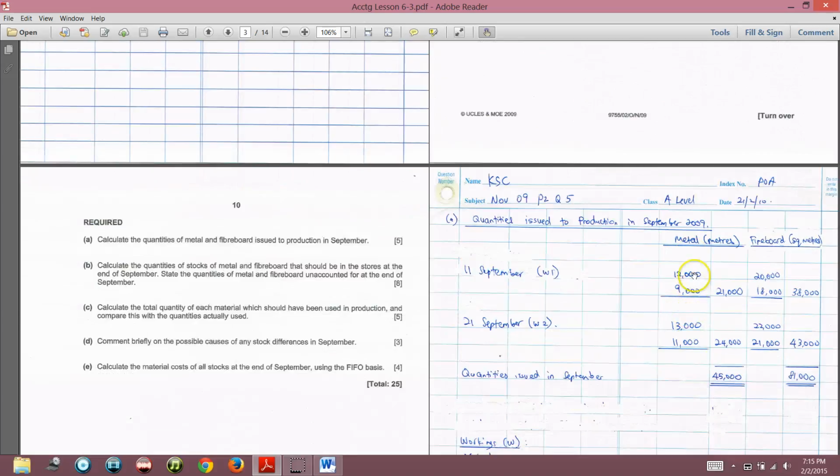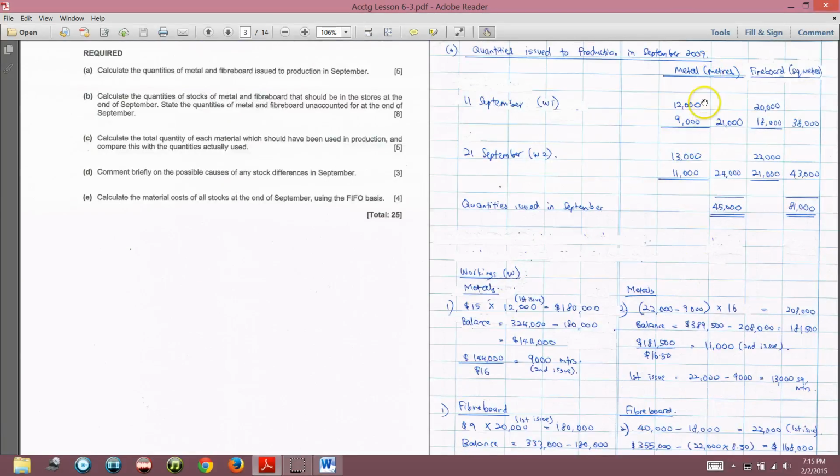So 12,000 meters would have gone from the store to production, and the price taken for this transfer was $15 per meter, as stated in part 4.